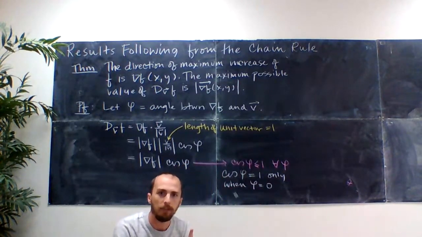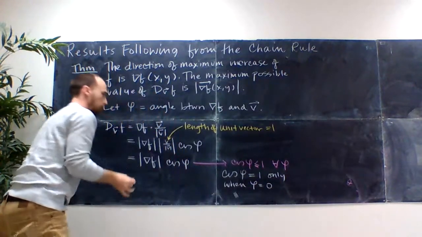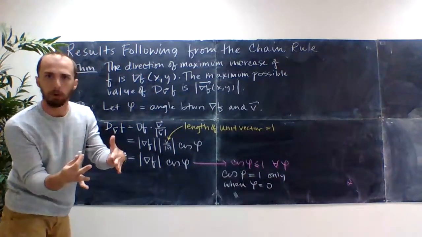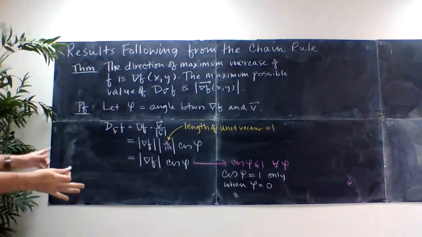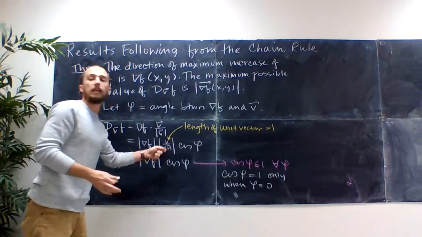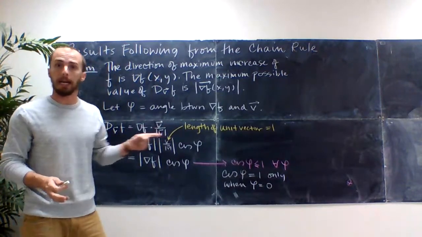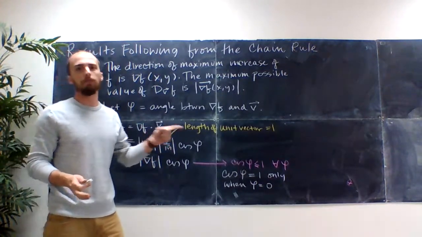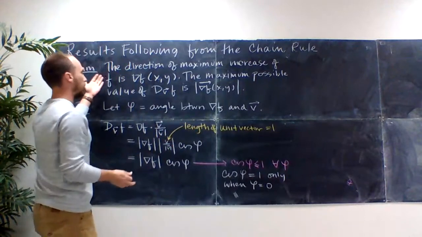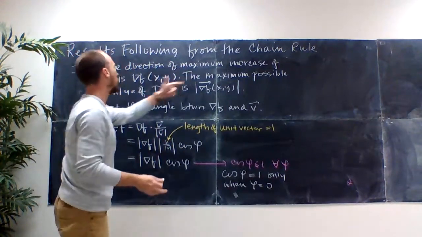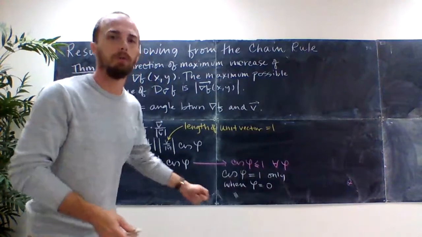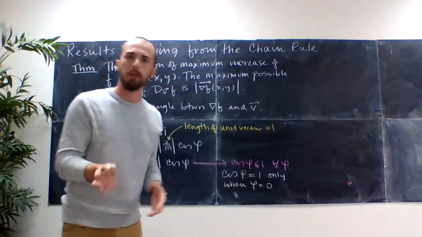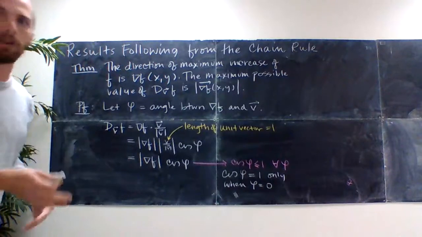Two vectors that have an angle of 0 between them are headed in the same direction. So if v is in the direction of gradient f, then that's the direction of maximal increase, which is what I set out to show in the first place. The direction of maximum increase of f is in the direction of the gradient, where there's an angle of 0 between the vector we're going in the direction of and the gradient.